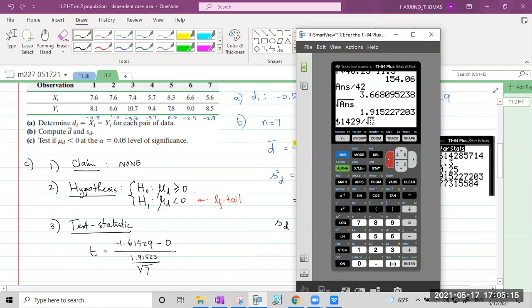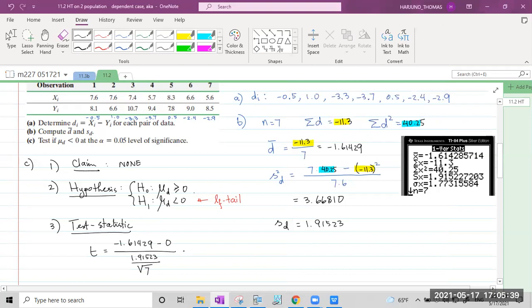Divided by parenthesis 1.91523 divided by the square root of 7. I almost typed it wrong. That's negative 2.23002. That's the test statistic.